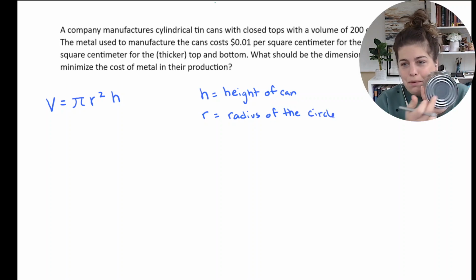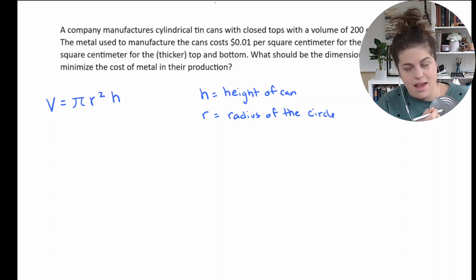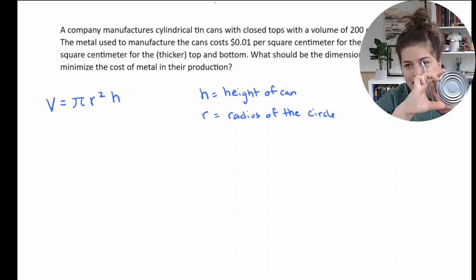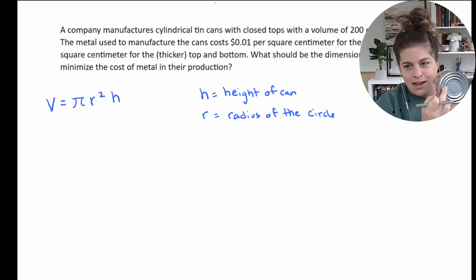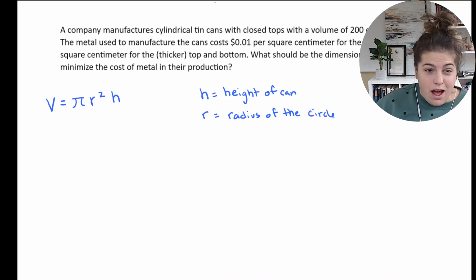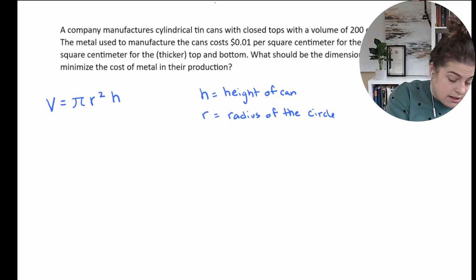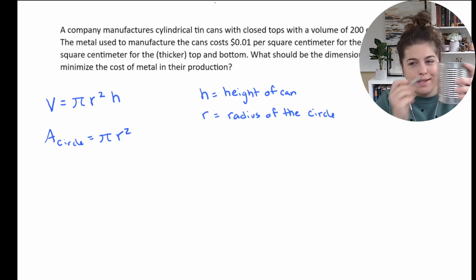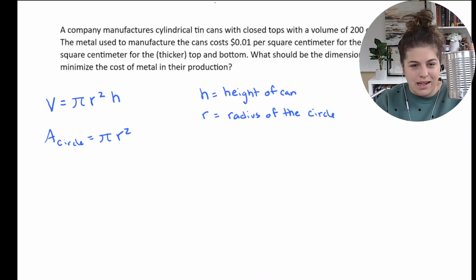To remind you, the radius is from the center point to the edge. Diameter is the full width across, radius is half of the diameter. The area of a circle is just pi r squared. The volume of the cylinder is literally us taking this area of the circle and multiplying it by the height to get the volume.